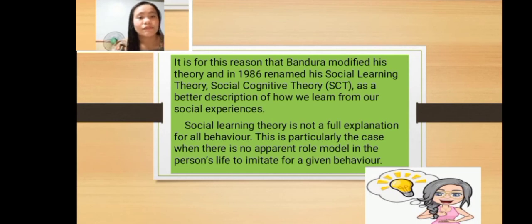It is for this reason that Bandura modified his theory and in 1986 renamed his social learning theory, social cognitive theory, as a better description of how we learn from our social experiences.